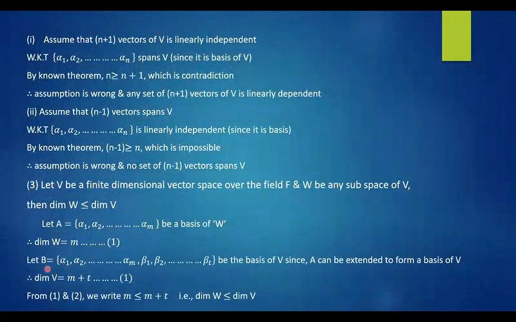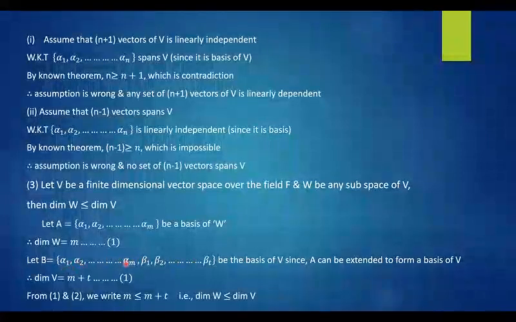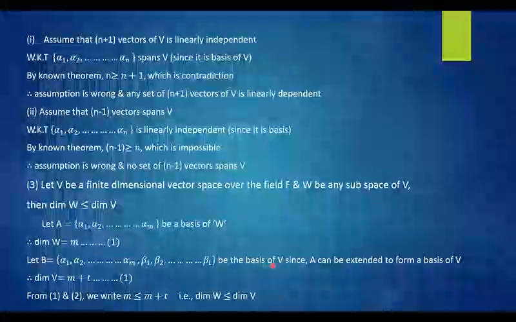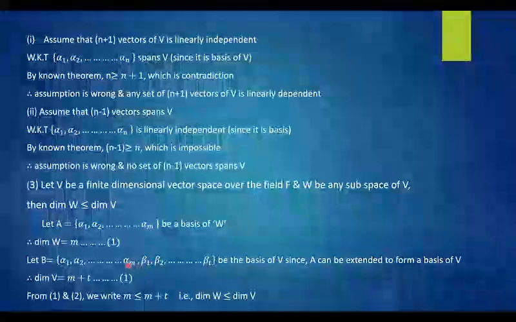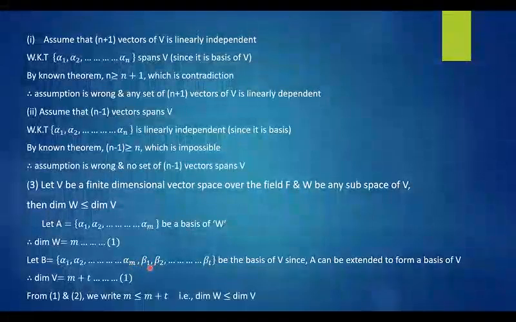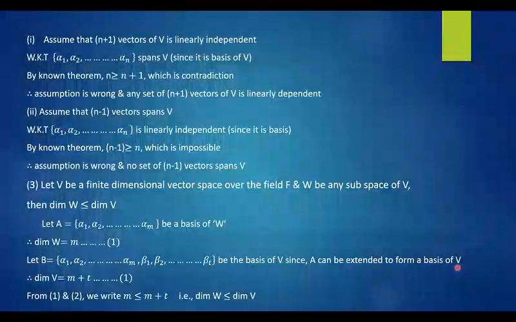Let B be the set of all elements alpha 1 to alpha m together with beta 1 to beta t, be the basis of V. That means we are extending the set A, which contains alpha 1 to alpha m, together with beta 1 to beta t. This extended set has become the basis of the vector space V.